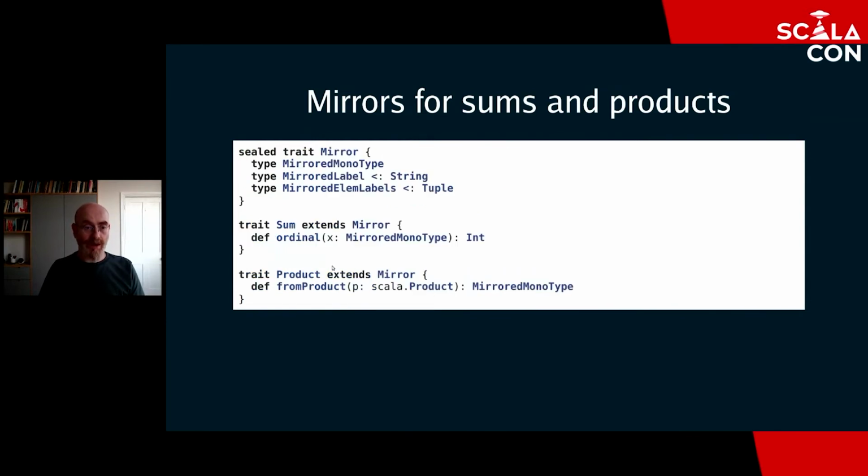And if we go back to the definitions of ordinal and from product, you can see that these two things are defined in terms of the mirrored monotype. And this is quite important because you'll notice that these are term level definitions which must be implemented by single values.